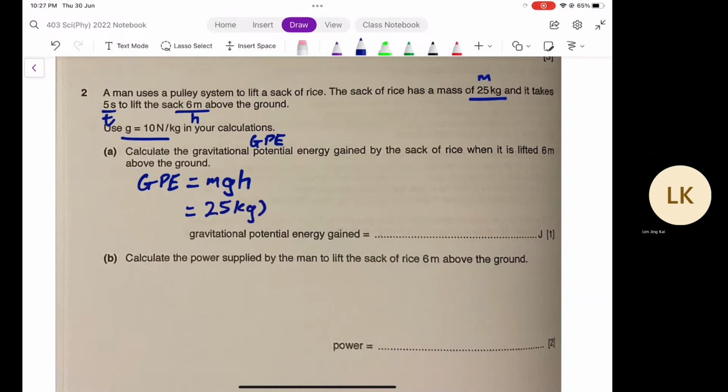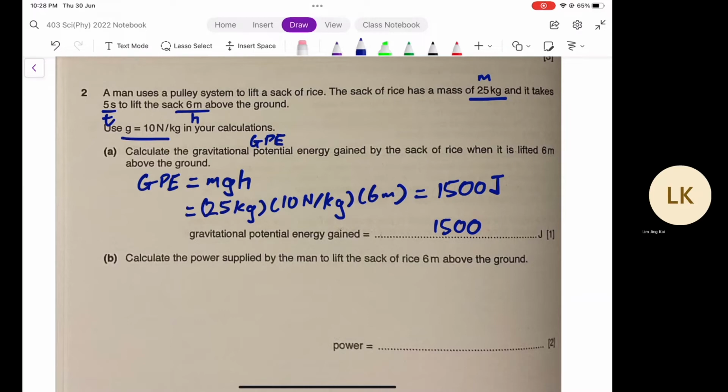So 25 kg multiplied by 10 newtons per kg and multiplied by the height 6 meters. This gives me the gravitational potential energy to be 1500 joules. Now we just need to complete the question by answering on the dotted line as well.